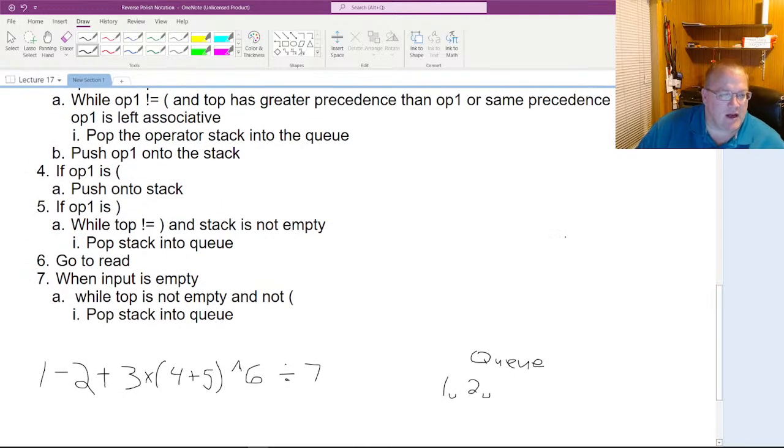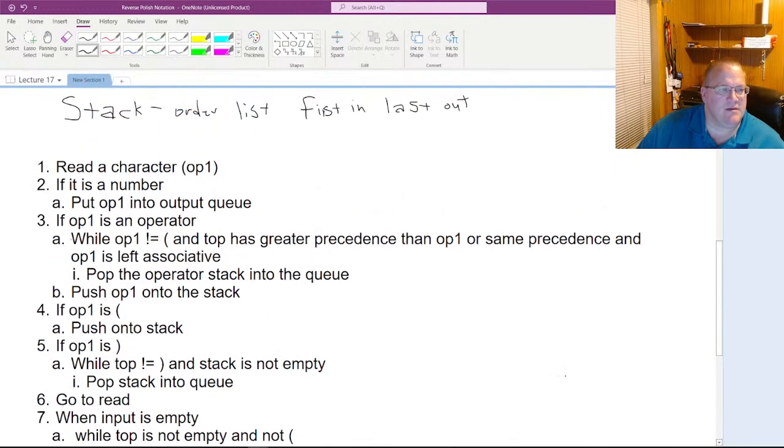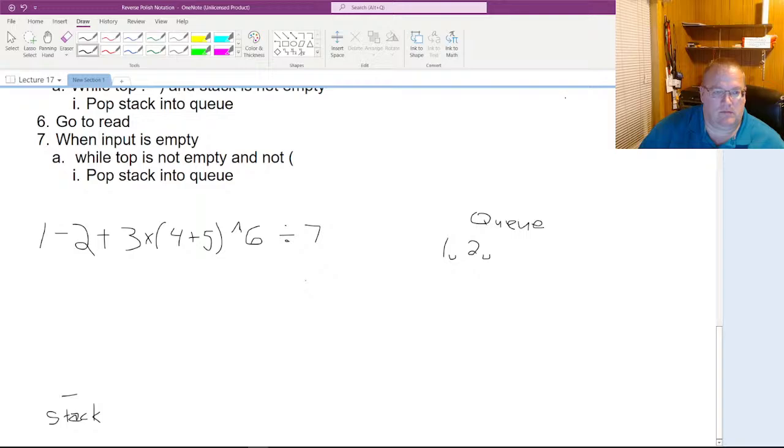Okay, so now we come to plus. So we read in the plus. Aha, that's an operator. The top does not have greater priority, right? They're the same priority. Oh, hey, that's the second part: same precedence, and op1 is left associative. Is negative left associative? Yes. That means that we pop the operator on the stack and put it into the queue.